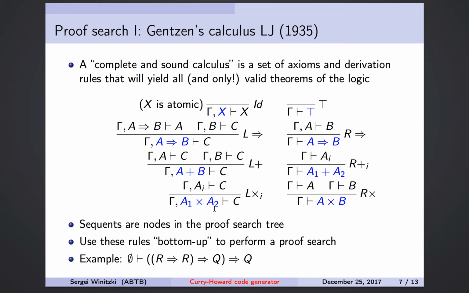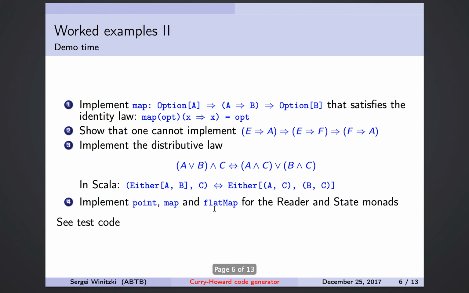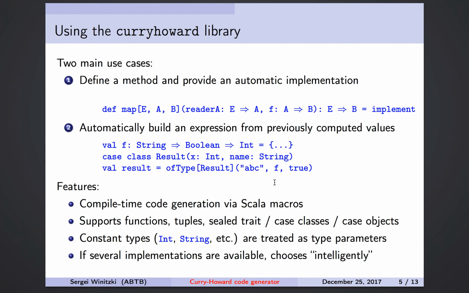So let me now talk about how this library works under the hood. I will not talk about Scala macros so much. I can just very briefly explain how they work. It examines the context of its enclosing symbol and detects all these types.